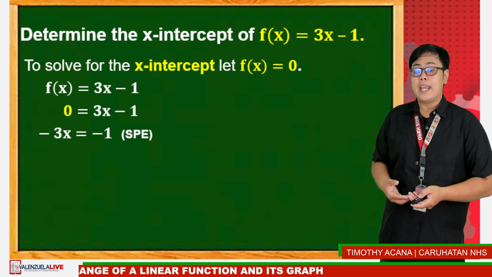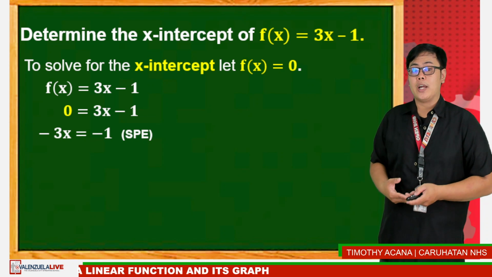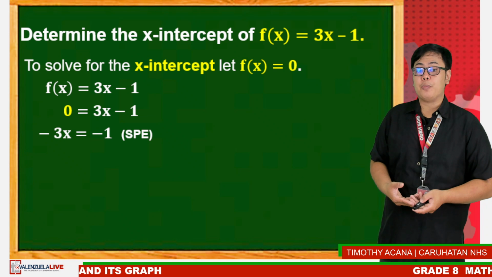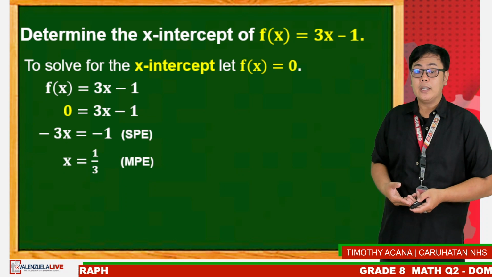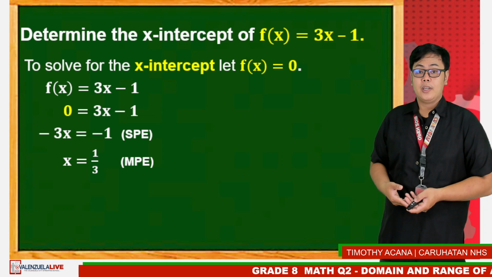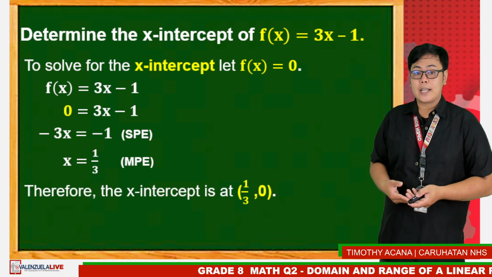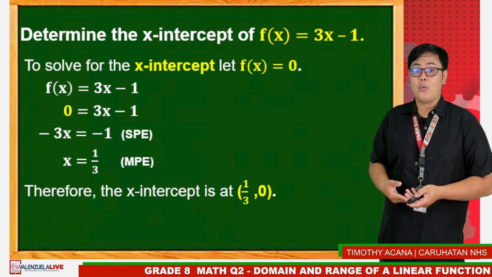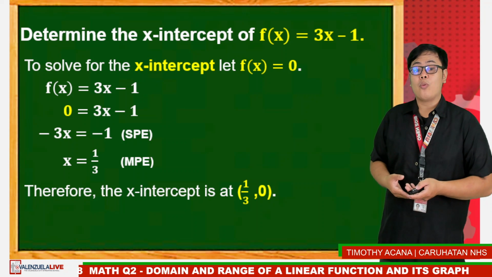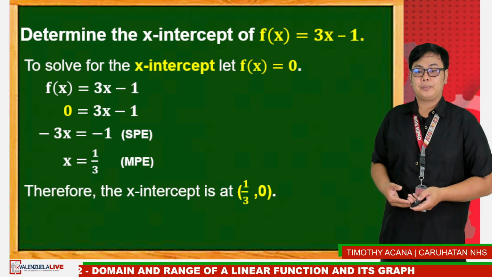So we have -3x is equal to -1. And using the multiplication property of equality, multiply -1/3 to both sides of the equation. Therefore, the value of x is equal to 1/3, and the x-intercept is at (1/3, 0).